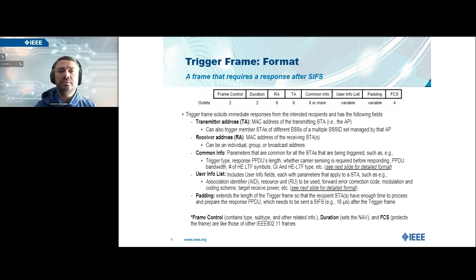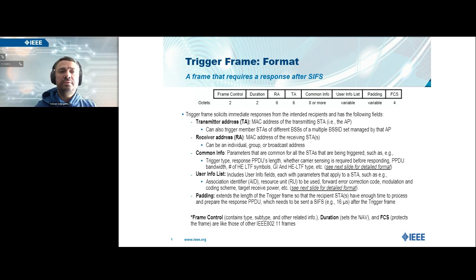In the case of an individual MAC address, only one station is going to respond, and if the address is set to a group or broadcast address, then the user info list is going to contain the specific identifiers of the stations that are being required to respond to this trigger frame.